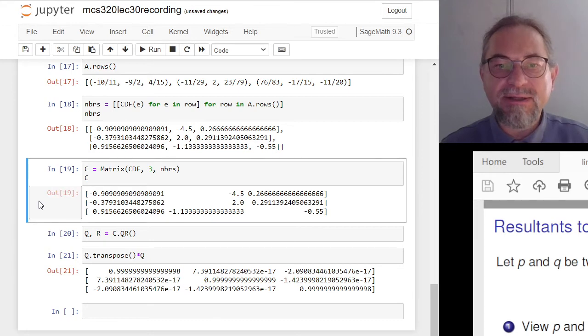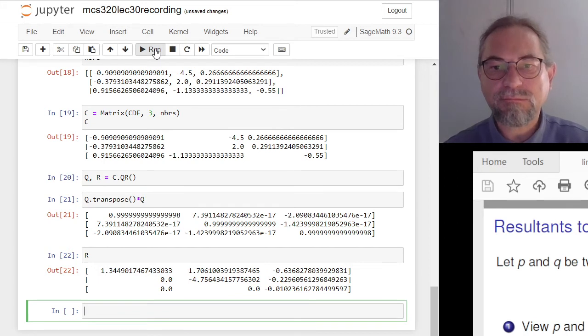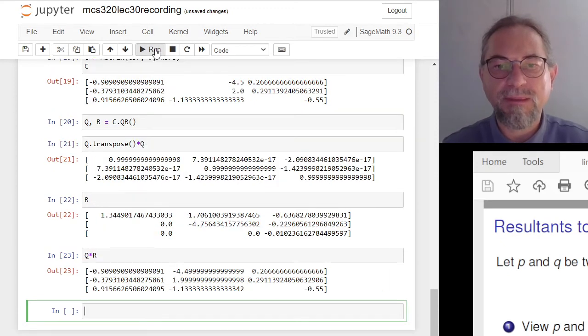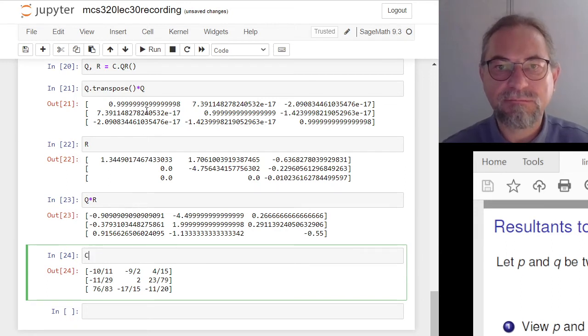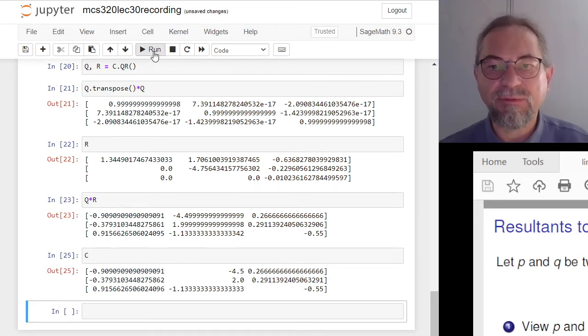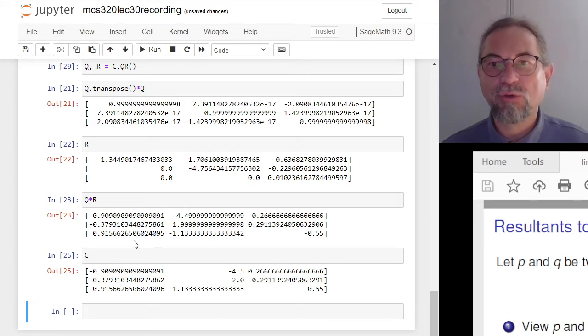Okay, so then R is upper triangular, so let me verify this. And I have that Q times R equals the matrix C, also the matrix A, but with round off. You see that this decomposition works. Okay, so these are the first two matrix factorizations that reduce the matrix to an upper triangular form.